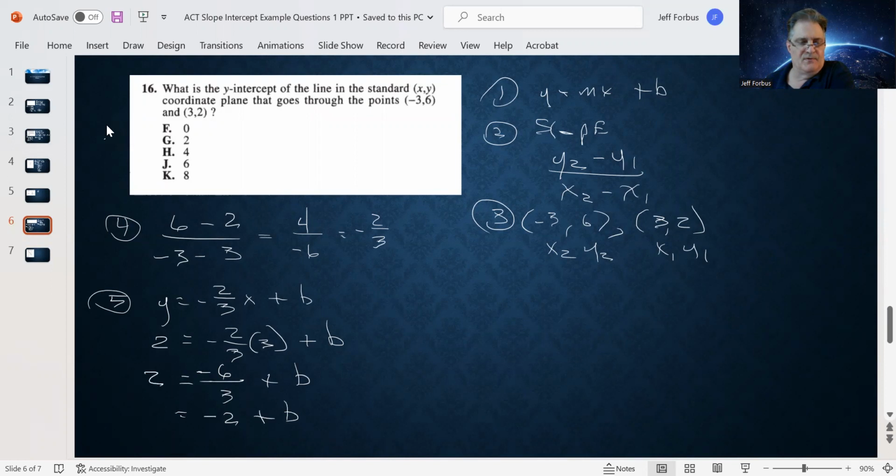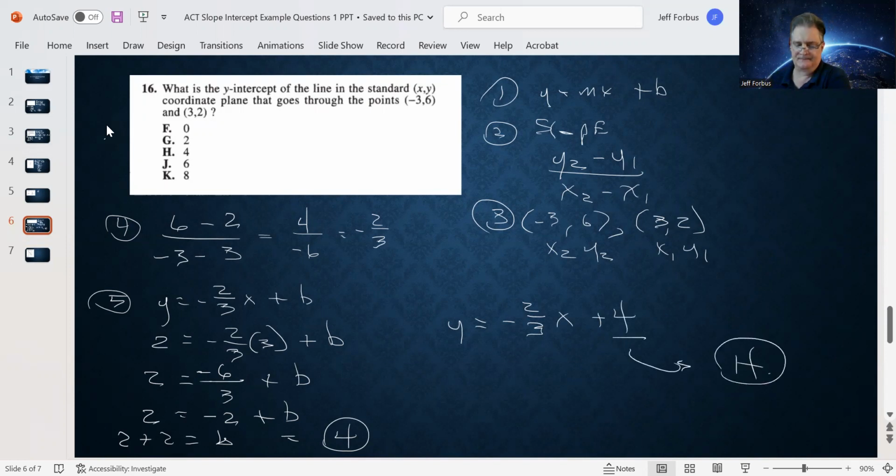And we still have a 2 over here. So now we're going to move our -2 to the left side. 2 plus 2 is equal to b, and b is equal to 4. So our equation becomes y is equal to -2/3 x plus 4, and the y-intercept is 4, and that's answer choice H.